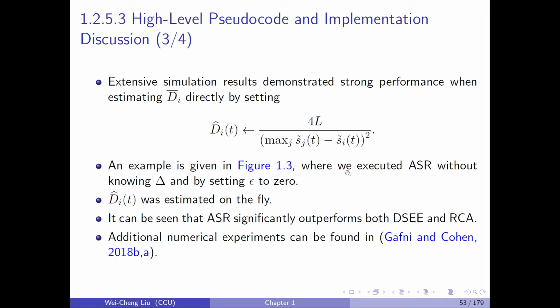Where we executed ASR without knowing delta and by setting epsilon to 0, d hat I of t was estimated on the fly.